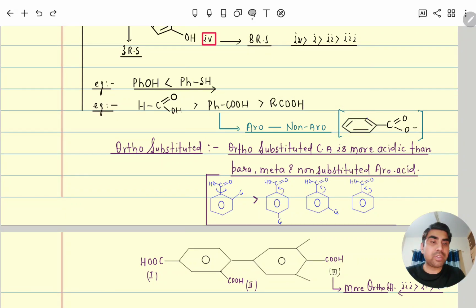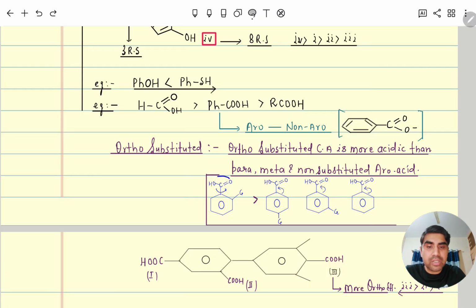So here if we put any ortho substituent, due to that the steric effect will happen and it will rotate. As it rotates, it becomes non-planar, meaning the C double bond O and O minus will be perpendicular to the plane of the benzene ring, so now it will not do resonance with that benzene ring, which means aromaticity will be maintained.